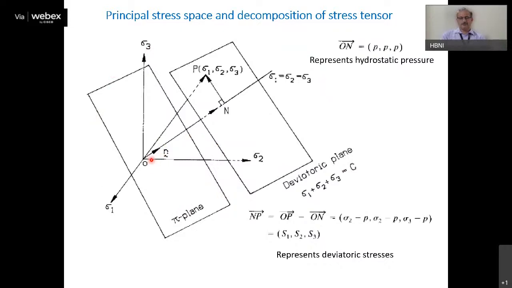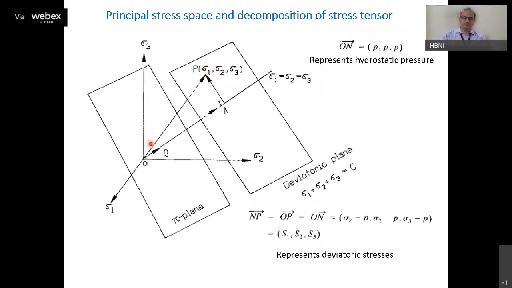As we discussed, we can resolve any stress state into pressure and deviatoric stress parts. For example, consider this point P, which is some general stress state defined by three principal stress components, sigma 1, sigma 2, and sigma 3.